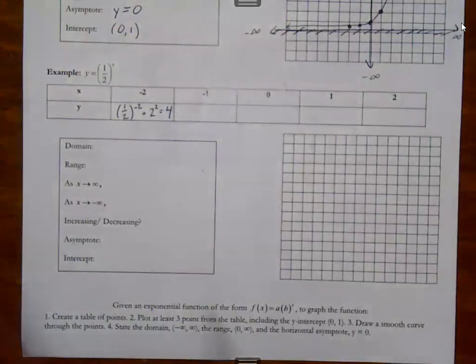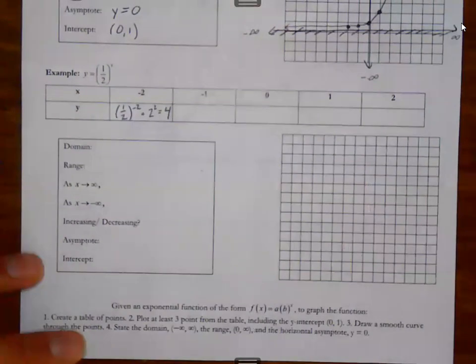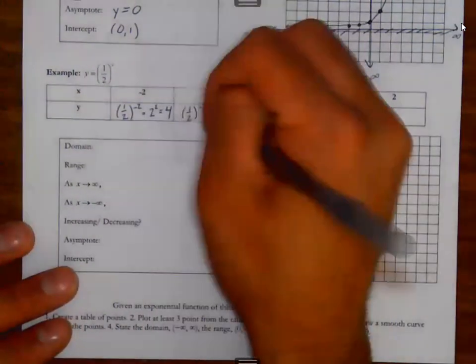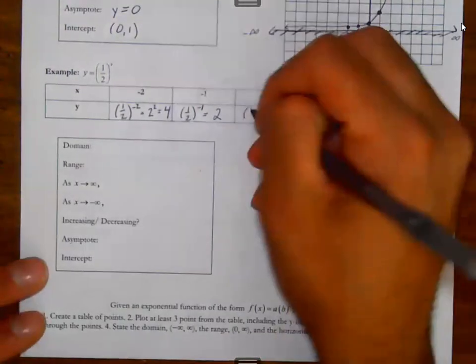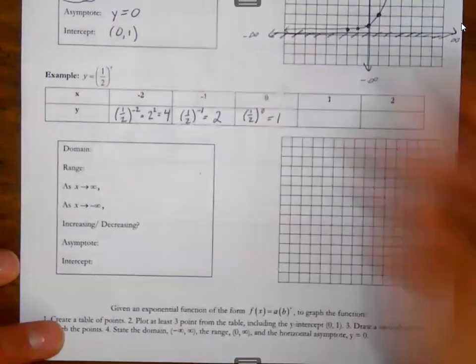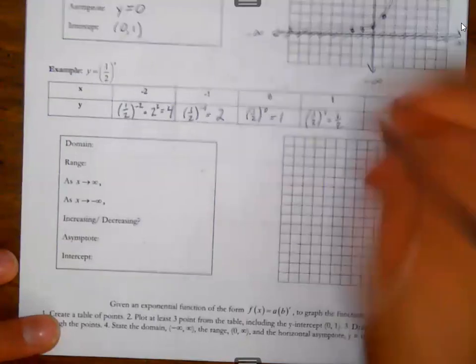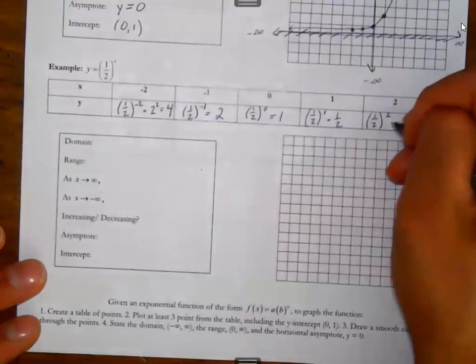So if you apply the negative part just to the 1/2, it becomes a 2, and then 2 squared is 4. Here, 1/2 to the negative first power is just 2. Anything to the 0 power is 1. 1/2 to the first power is just 1/2. And then 1/2 squared is 1/4.